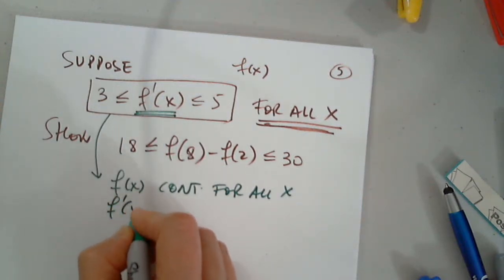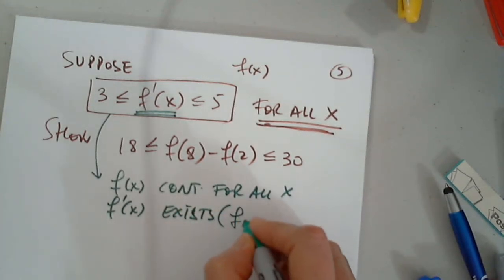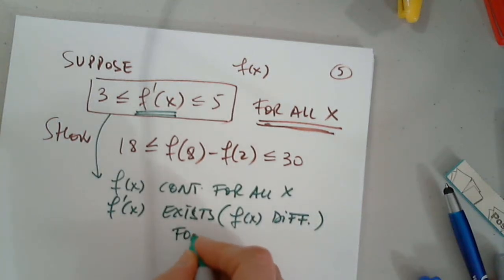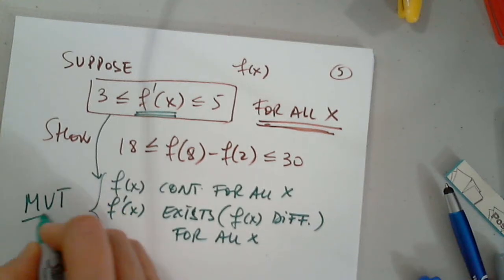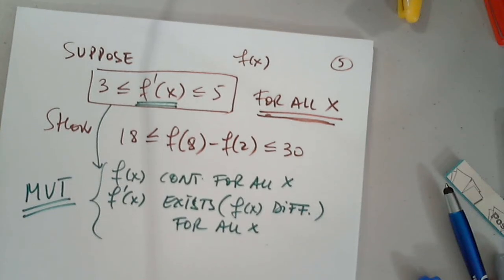So f prime of x exists, or I can say better, f of x is differentiable for all x. So these are the hypotheses of the mean value theorem. You can say even Rolle's theorem, correct.